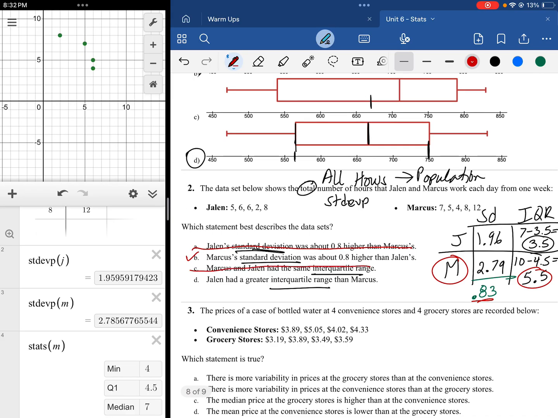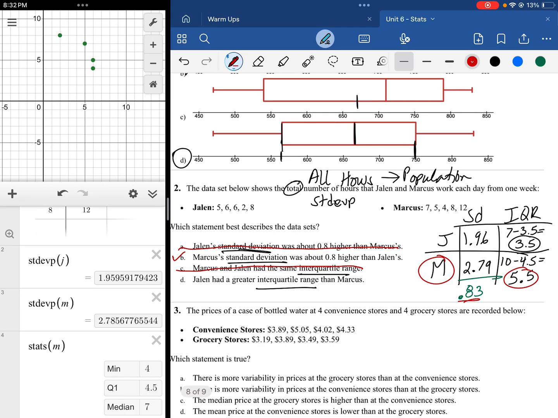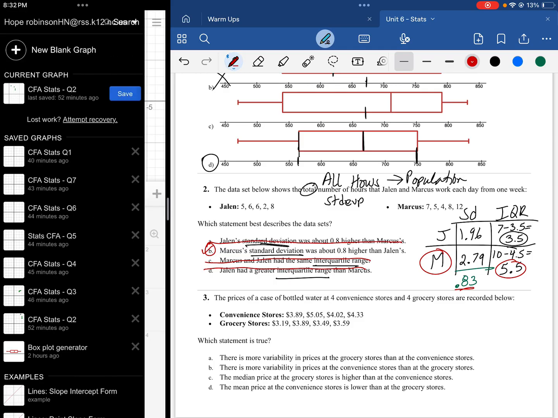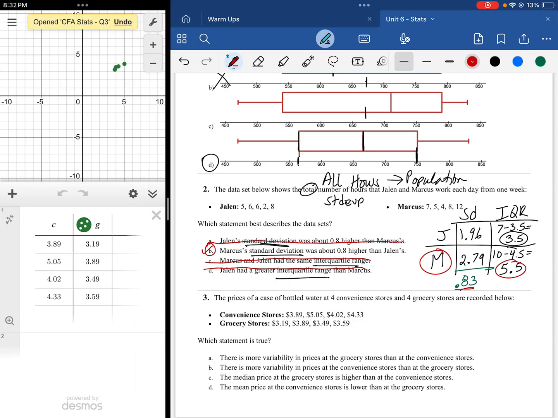Those aren't the same. And it said Jalen had the greater interquartile range than Marcus. Well, Marcus has the bigger interquartile range of 5.5. So we can mark that out. That means our correct answer has to be B.